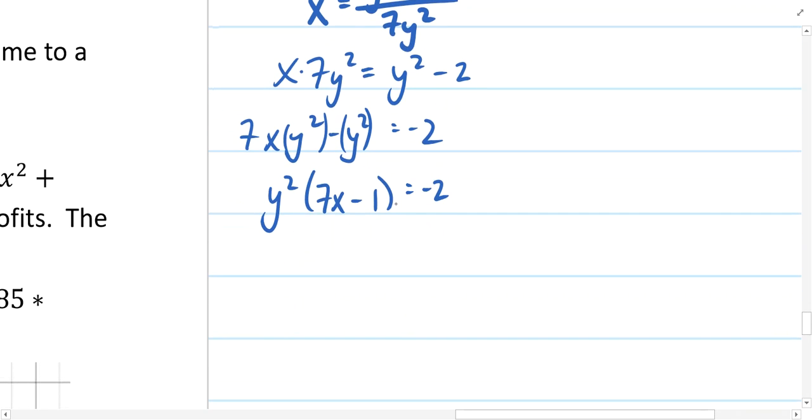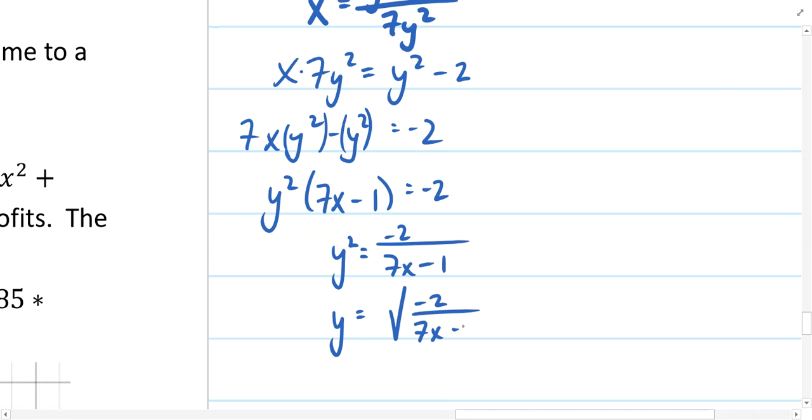Then I can divide both sides by 7x minus 1. And so now I have negative 2 divided by 7x minus 1. And then finally, take the square root on both sides. And I'm left with the square root of negative 2 divided by 7x minus 1.